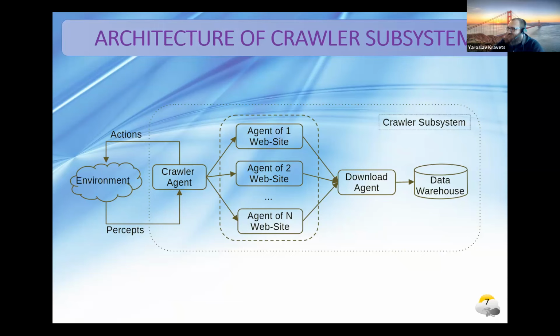So, how many agents do you have in your system? More than 10, more than 20. But it's not finished yet. It's in progress, because it's part of my diploma work, and I'm going to finish it.